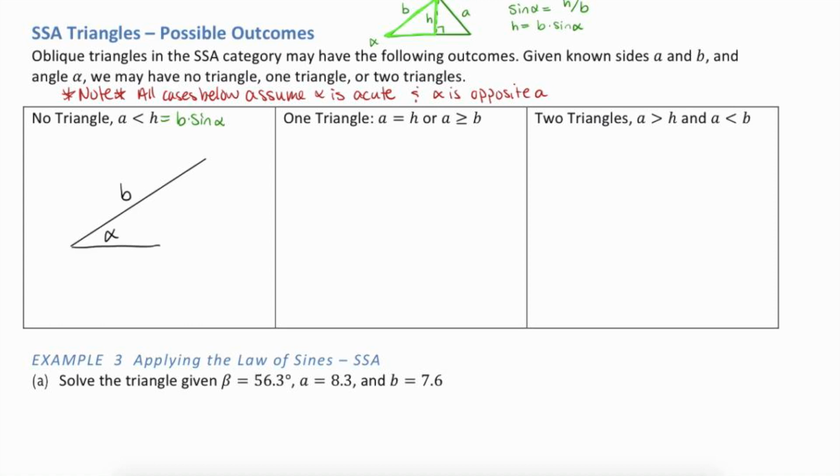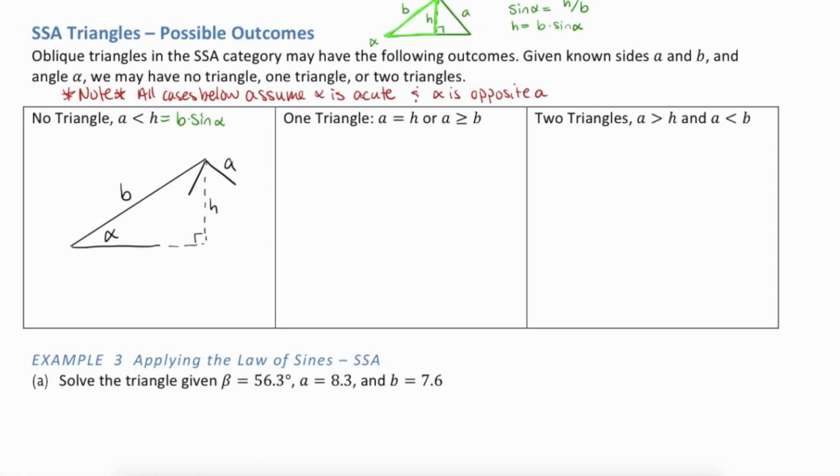And then if we try to drop A somewhere, here's the height of this triangle that may be formed. But A is too small. Here's A. It could be here. It could be here. No matter where we place A, it's not quite going to reach the bottom. If we try to adjust this by, say, making this line in this direction, we'd be changing the alpha and would no longer have the information given.